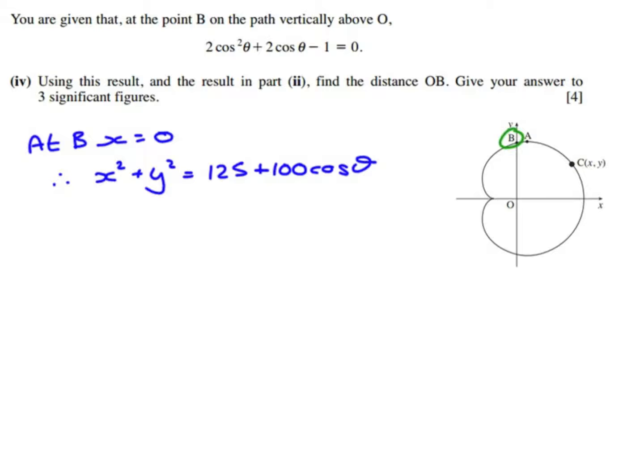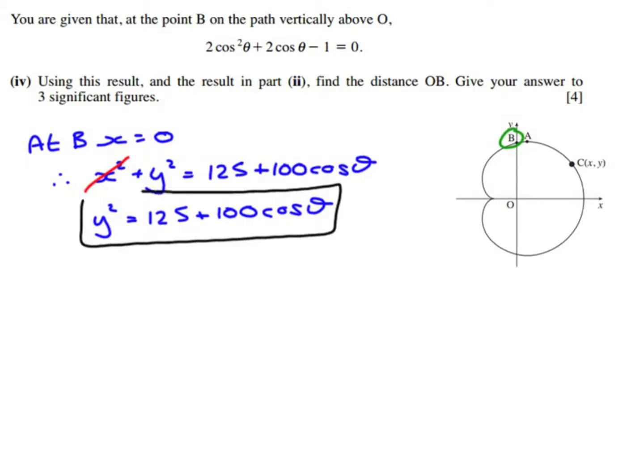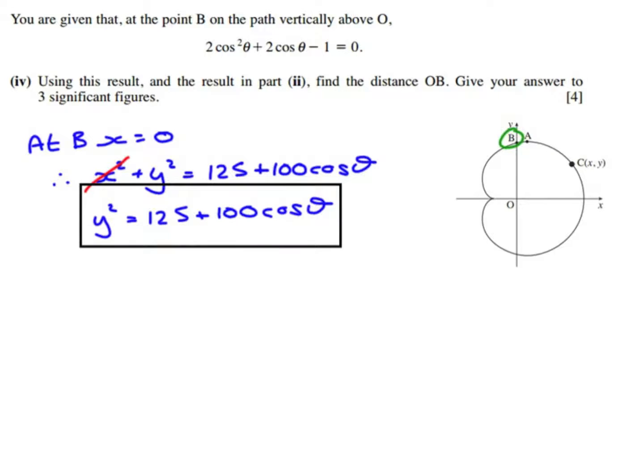But at this particular point x is 0. So we're left with this new formula that y squared is equal to 125 plus 100 cos theta. And that's the first formula we're going to need. The second formula we're going to need is the one that they've given us.